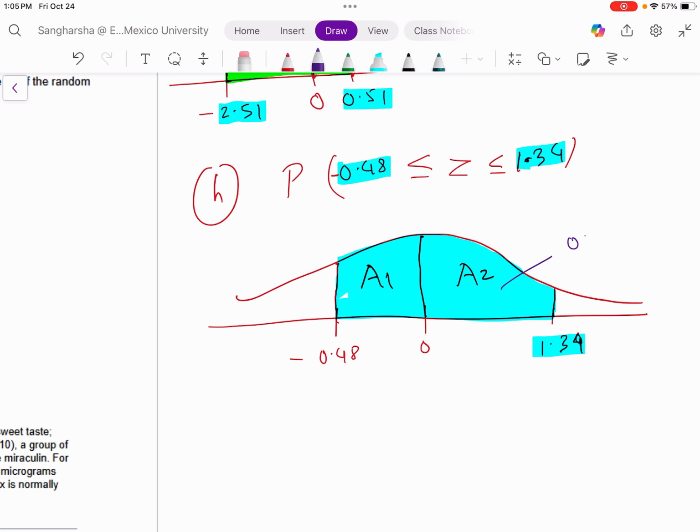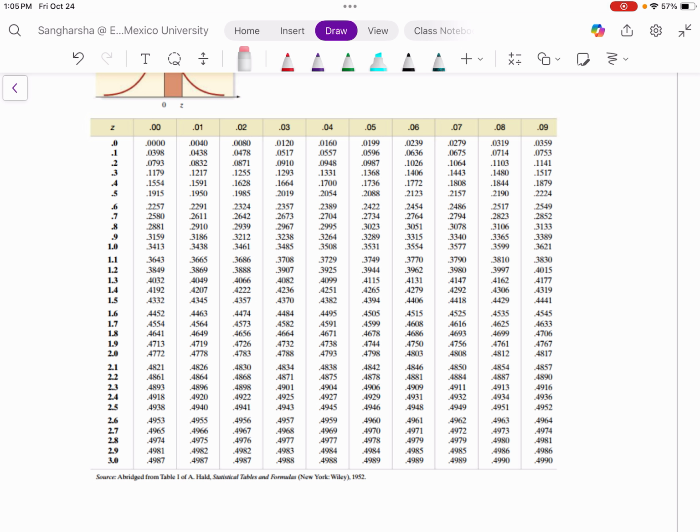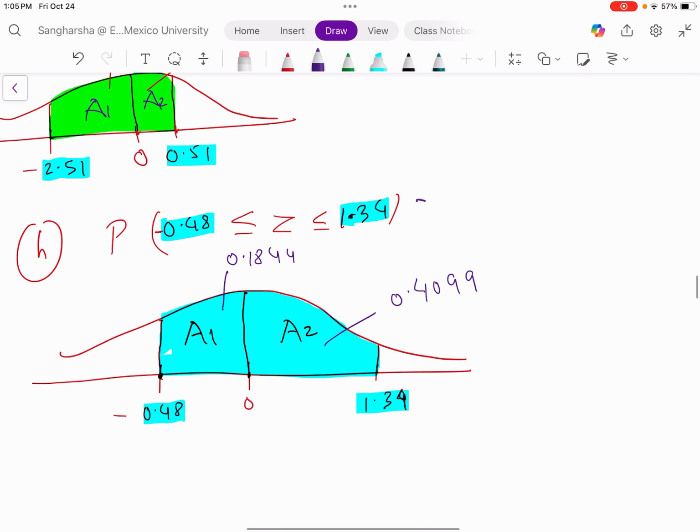Now for A1, A1 is from negative 0.48 to 0. So we take positive 0.48 and use the normal table. 0.4 is here and 8 is here, so this is 0.1844.